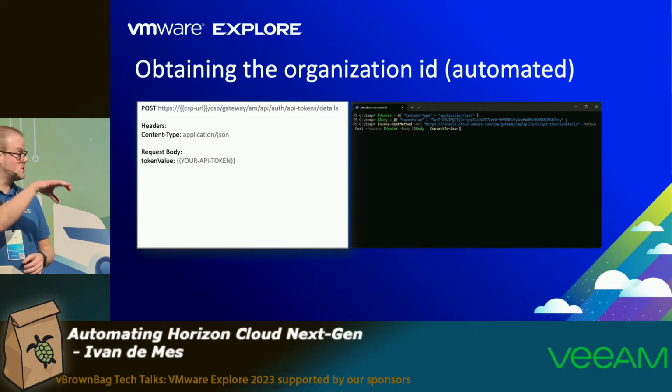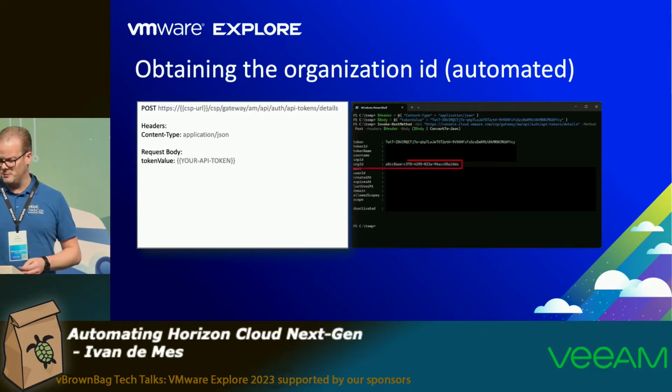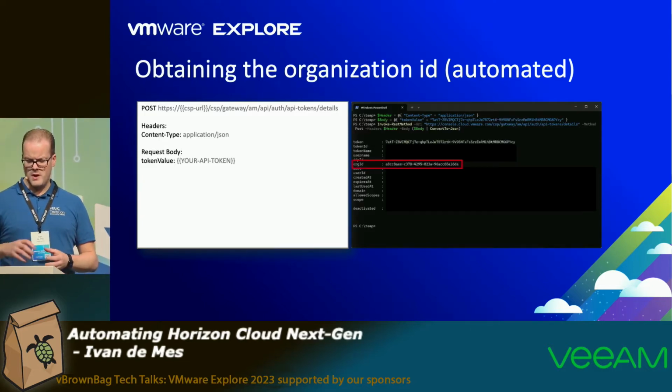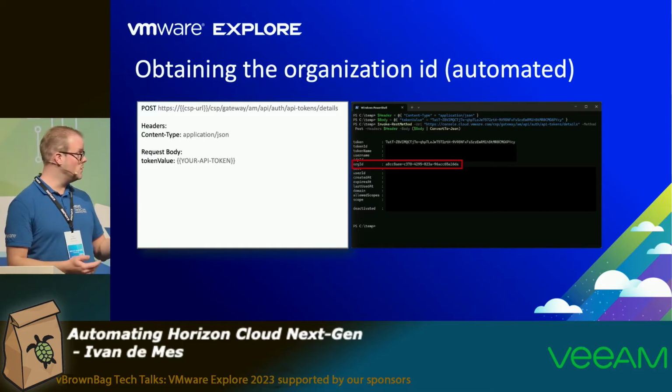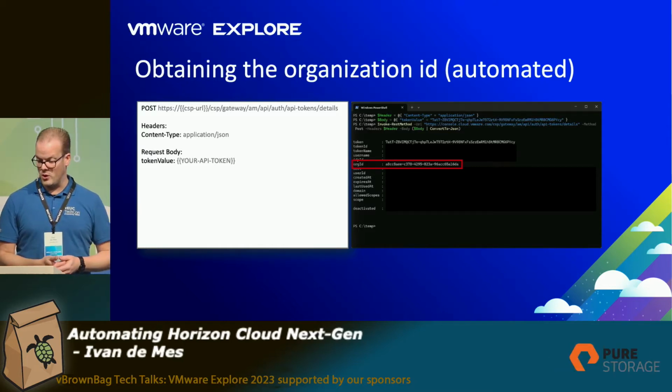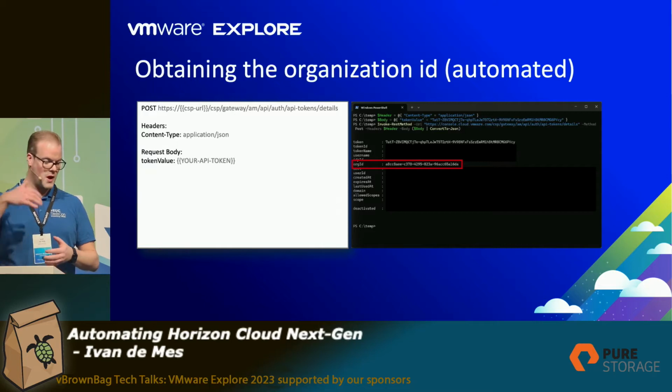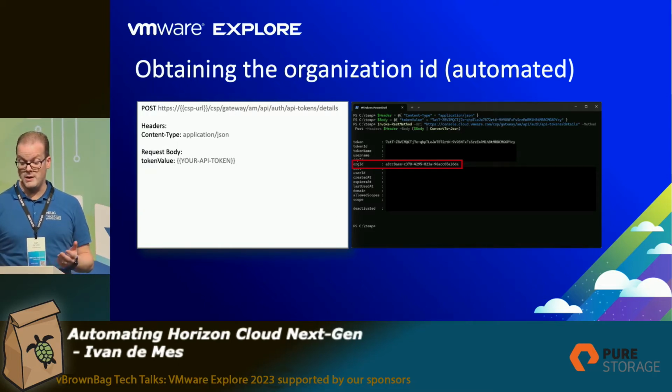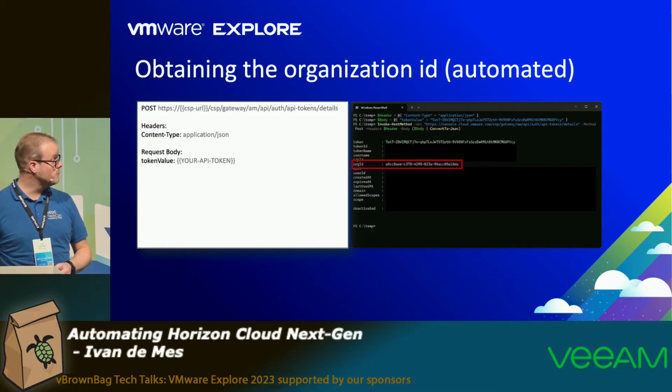This action specifically needs an API token. Once we have done the request to the API, you will see that you can get the organization ID there as well. So for every request for which you need an organization ID, you can get it using this API call.